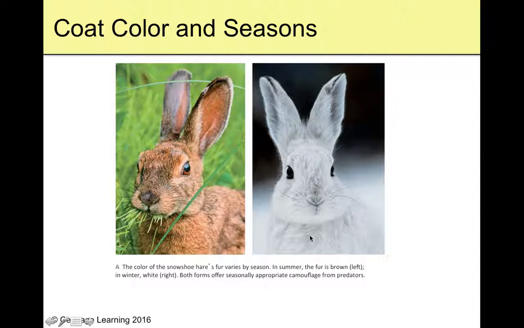Then in the spring, the white hair will start to fall out, and the brown hair will start to replace it. So it's not as dramatic as a duck molting. It's more like slow, gradual shedding and replacement with some different colored hair. And so that's kind of an amazing thing. But that's an adaptation to some seasonal changes, and that's a pretty cool trait to see in a population.